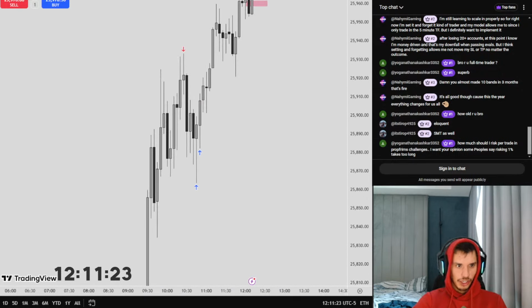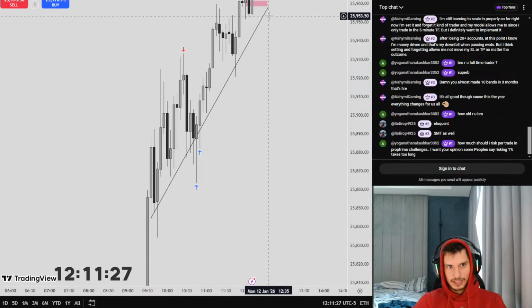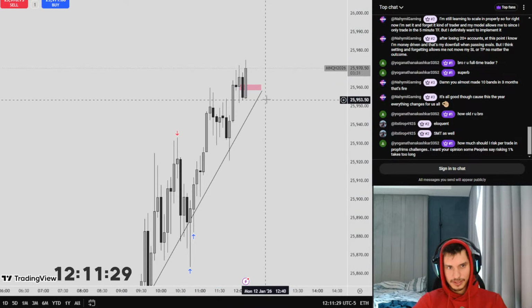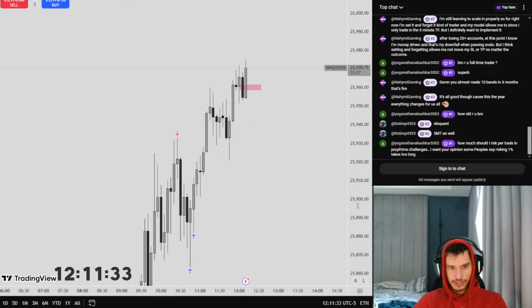It's just pumping, straight pumping. But we are generating all this low resistance liquidity that I do want to see get swept. A lot of low resistance.